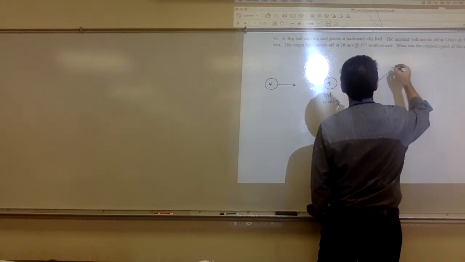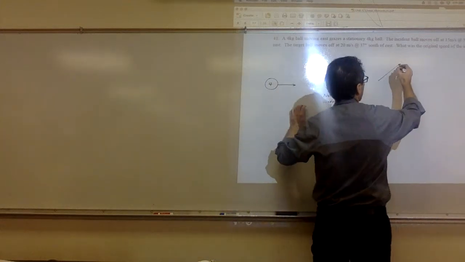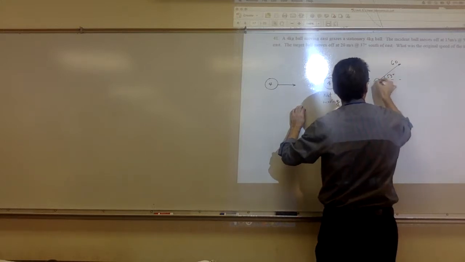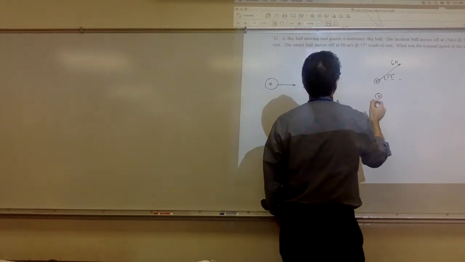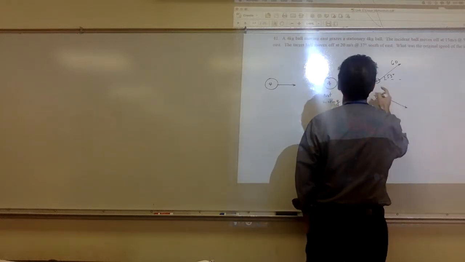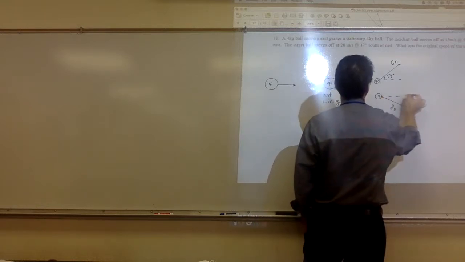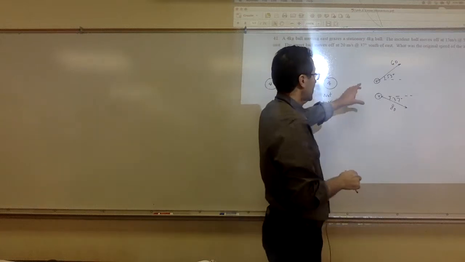So this one here moves off with a momentum of 60. And this angle here is 53 degrees. And the other ball goes off at 20 meters per second, so that's a momentum of 80. And this angle here is 37. Now we can add these two together, right?